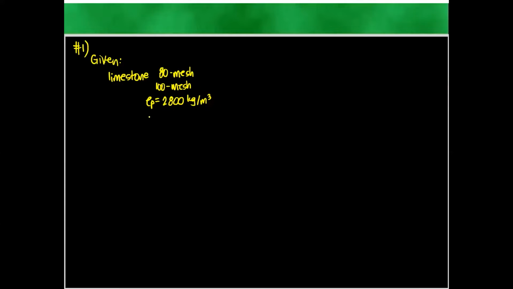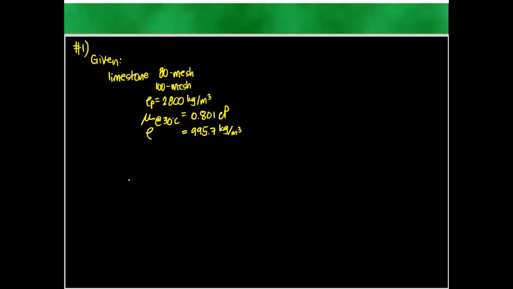So mu at 30 degrees from the handbook, you can say that this is 0.801 centipoise, and the density of the fluid at 30 degrees is 995.7 kilograms per cubic meter.